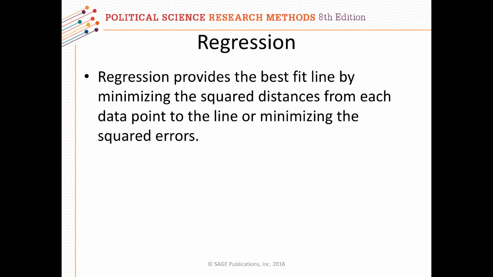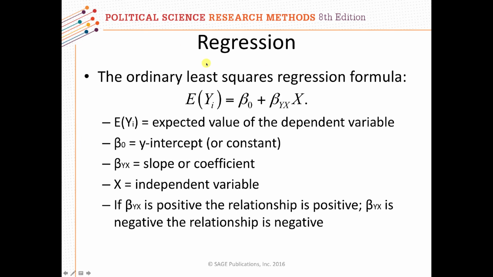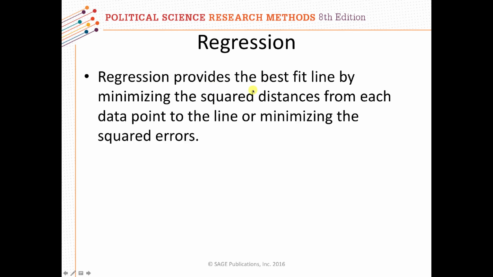So, regression, what this formula is doing is providing the quote-unquote line of best fit that minimizes the distances from each data point, and the line minimizing the squared error. You can look back in chapter 13 and see the examples they've got all through here.